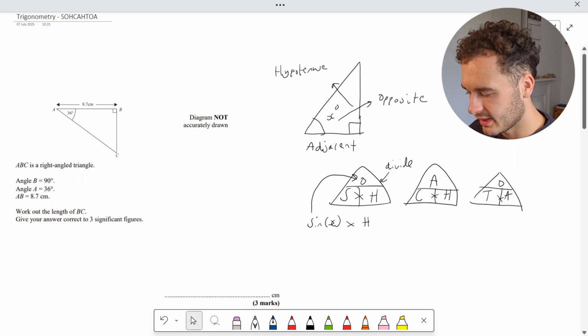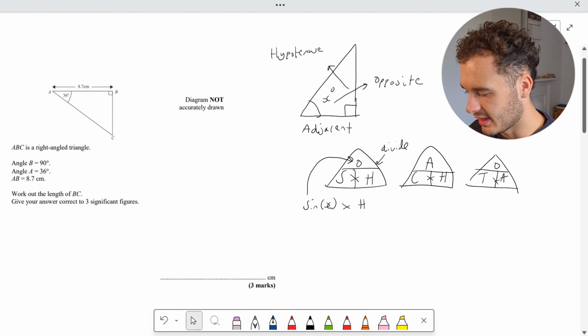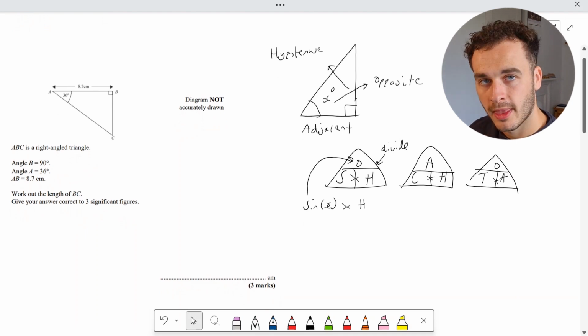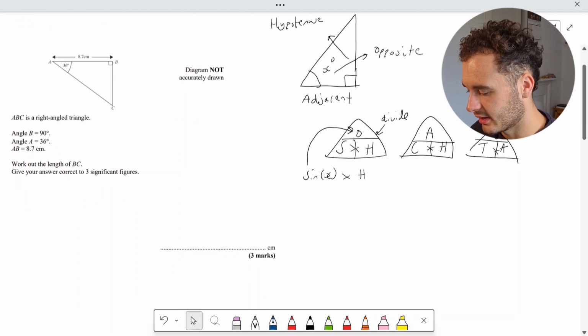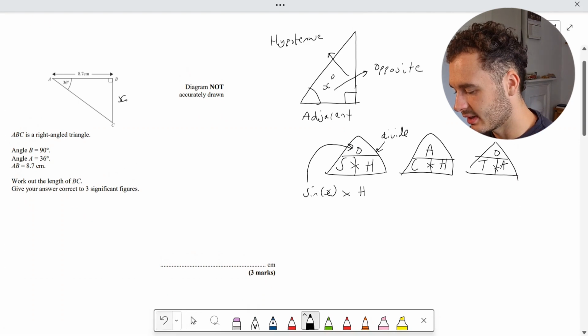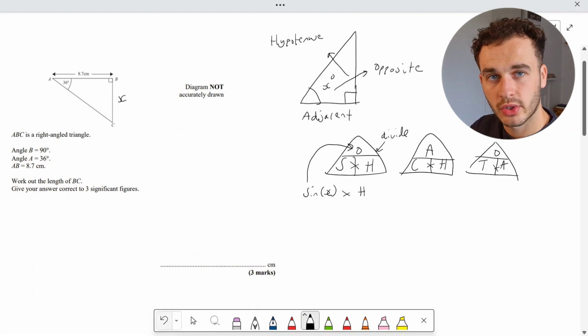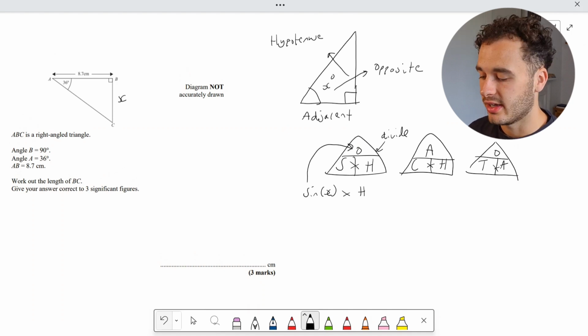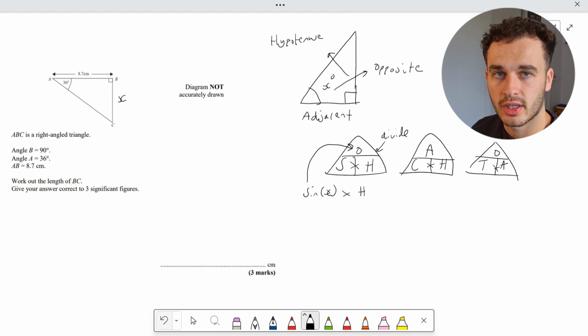So if we look at this example on the left here, we've got a right angled triangle ABC, and it's telling us some details about this triangle. We need to find BC. I'm going to label this as X. So with trigonometry, we start labeling our sides. I personally only label two sides, so we can see which triangle we're going to use.